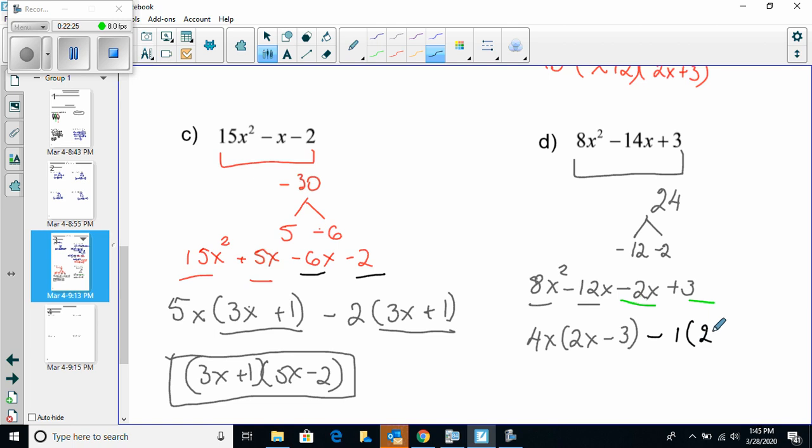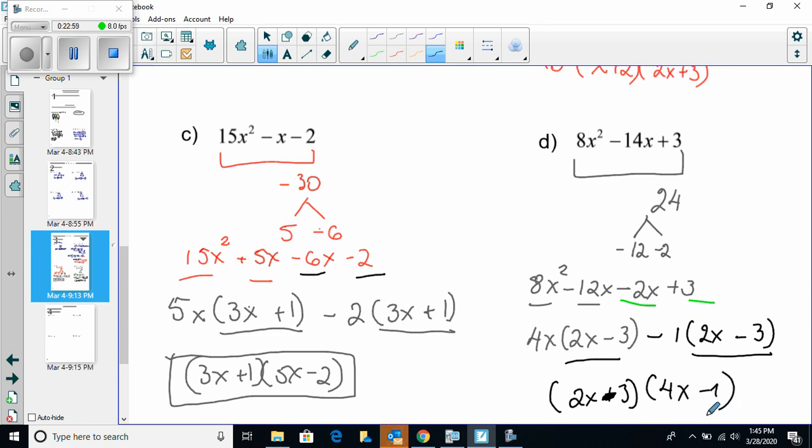If you factor out negative 1 from negative 2x, you will end up having 2x. And if you factor out negative 1 from 3, you will end up having negative 3. So you will have two common monomials: 2x minus 3 and 4x minus 1.